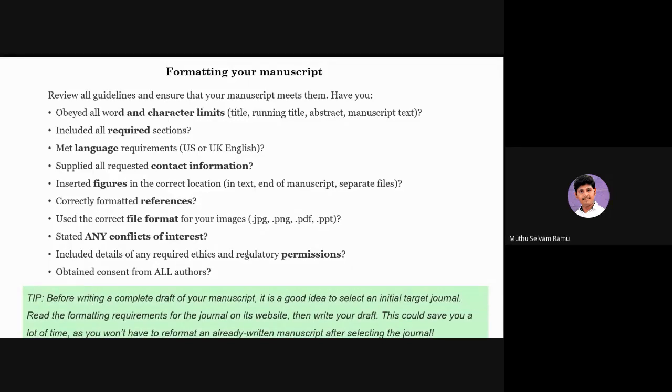So the scope of the journal should be read, and it should be similar to the scope of your paper. At the end of the introduction, I said, right, that I've mentioned the aim of the study. That should be in line with the scope of the journal. So you have to keep that in mind while submitting something to a journal.